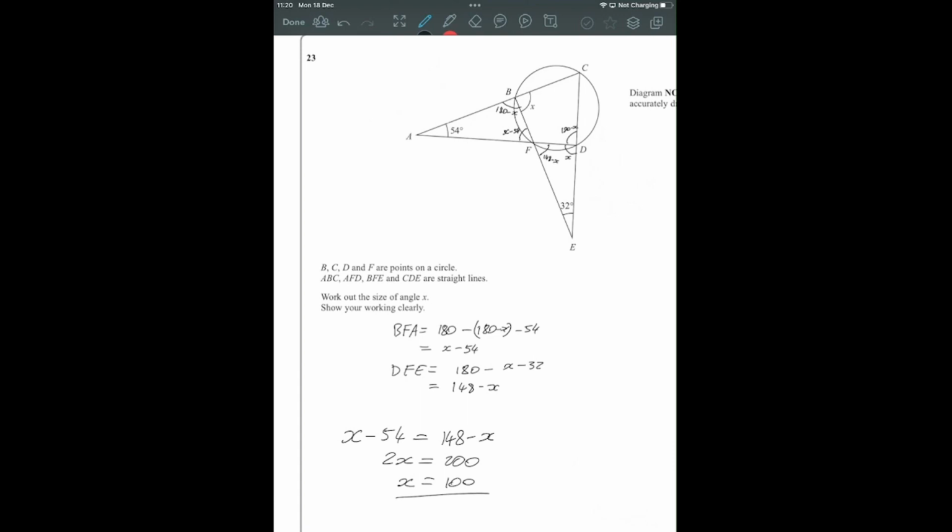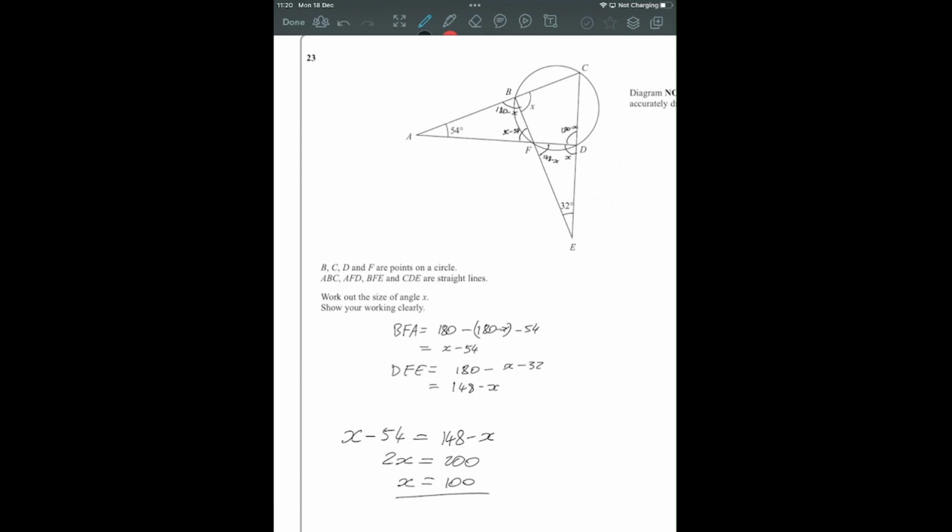Now that solution does worry me just a little bit, because it doesn't appear that I've used the fact that these are on a circle. I've managed to avoid the fact that even the point C exists at all, other than using ABC as a straight line and CDE as a straight line.